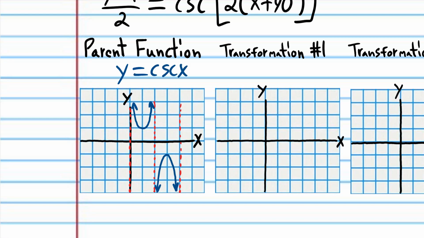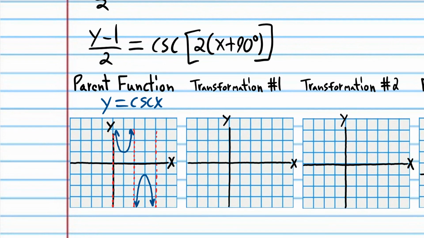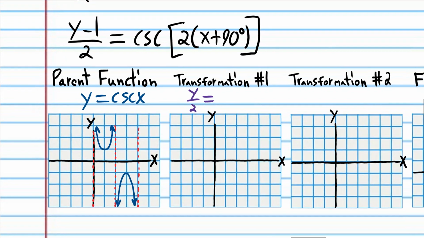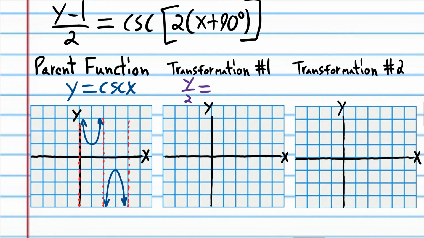So now we're going to divide y by 2, and that multiplies all the y values by 2. So that's not going to affect the location of the asymptotes.